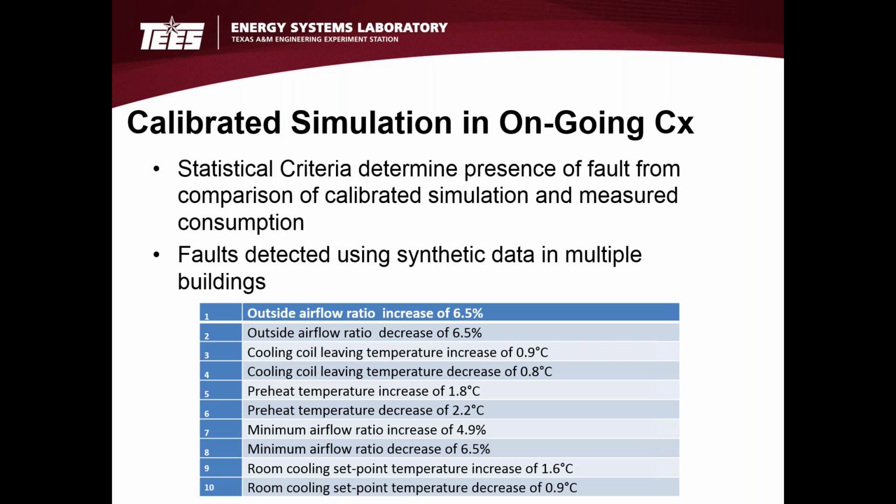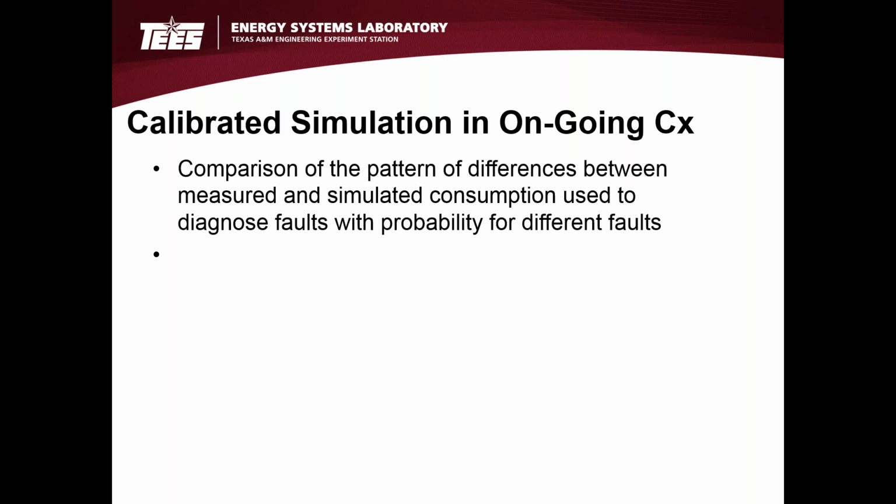This is just illustrative, it's not exhaustive, but the point is that we have statistical criteria that can be used to decide whether an observed change is significant and represents a fault, or whether it's just normal statistical variation in the difference between the calibrated model and the actual building operation.